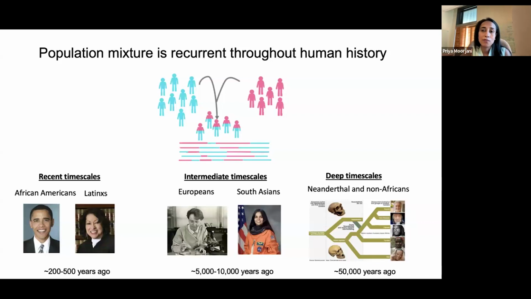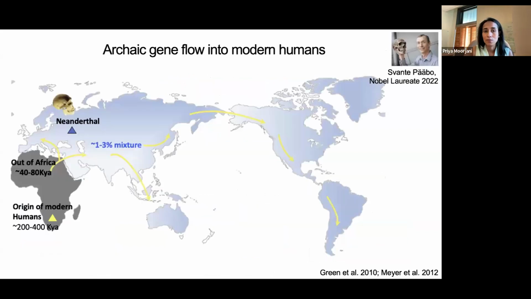Now, these are just a few examples that I chose. In fact, this process is so common that we find evidence in almost every individual's genome, because many of our ancestors were separated at different times in history, but when they come together, there is mixture between these populations. And today, for the rest of the talk, I'm actually going to focus on this first mixture.